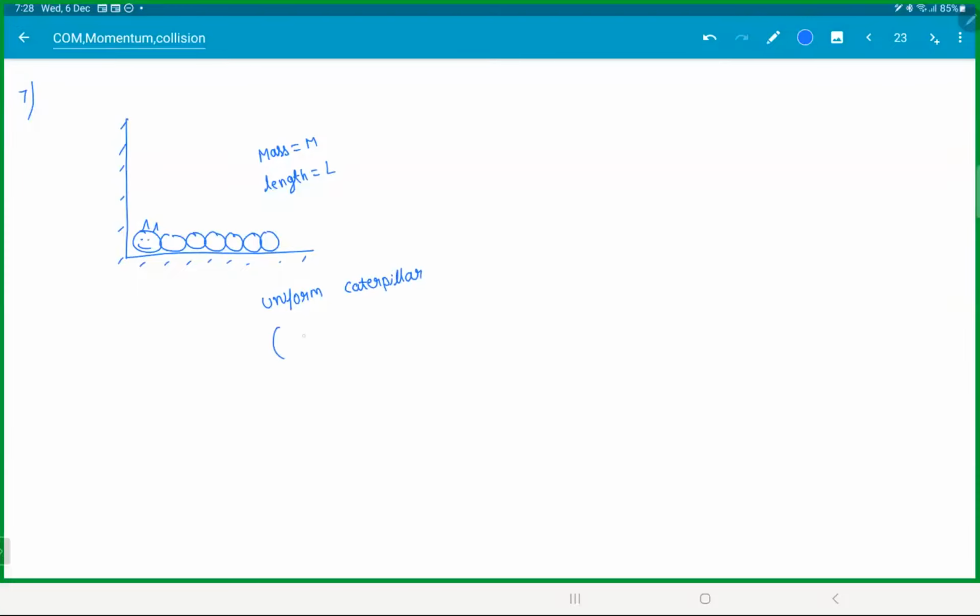So you can treat this as a uniform rod. This caterpillar is going with speed u. So at t = 0, this is the scenario. After some time t, this caterpillar has started climbing the wall.